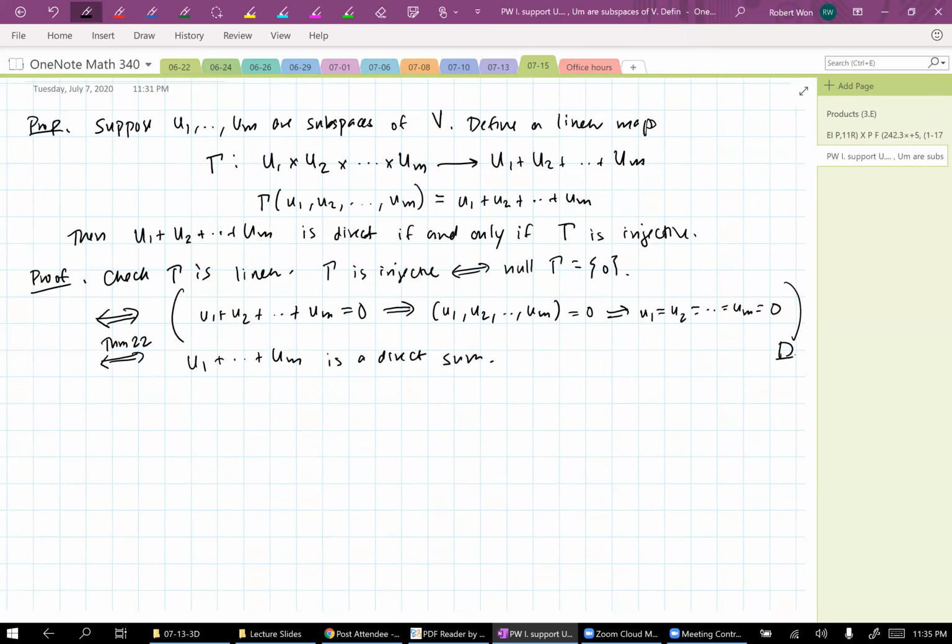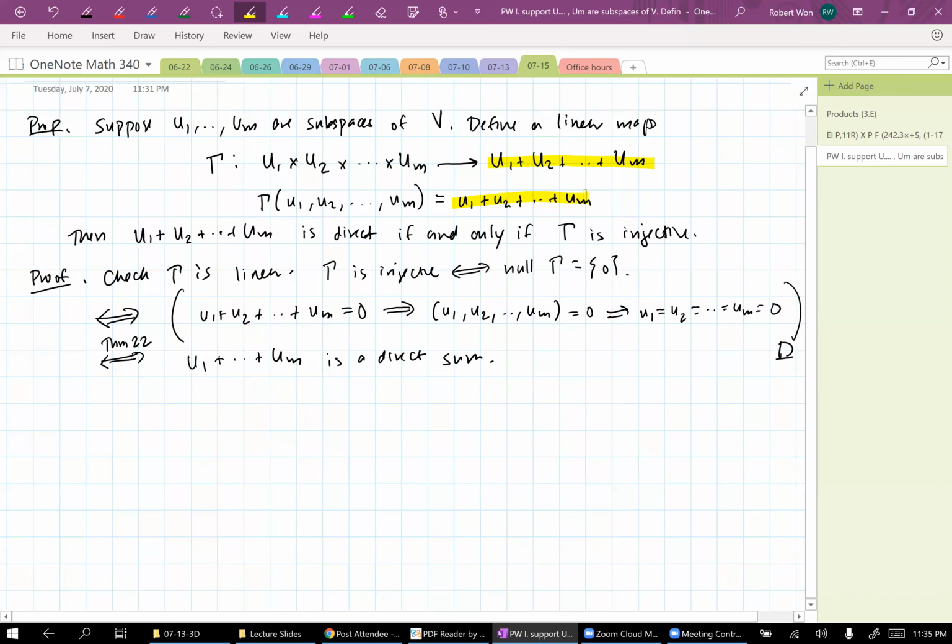Okay, one thing that I didn't talk about in this proof because I didn't need it is that this map gamma is definitely always surjective, right? Because the sum is defined to be all sets of elements that look like this, which just means that you need to be able to take anything from u1 and anything from u2 and anything from um.